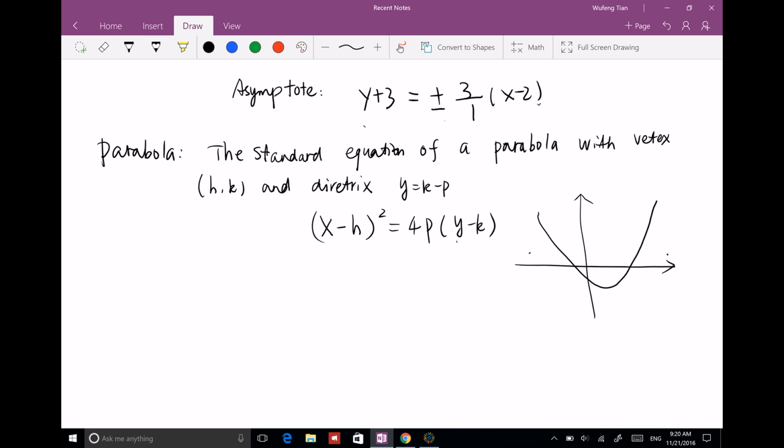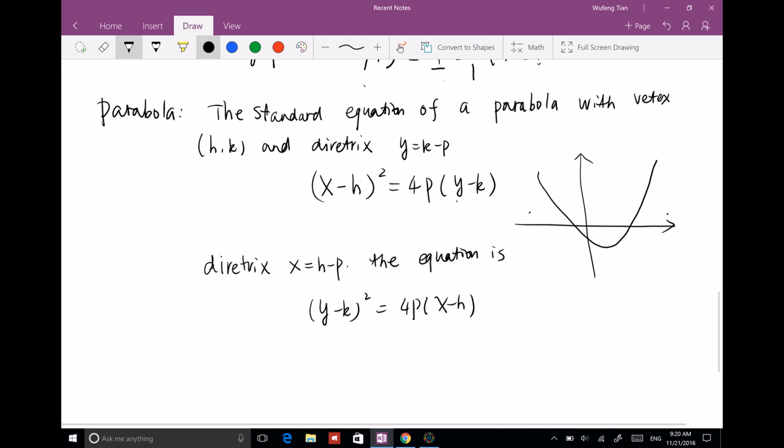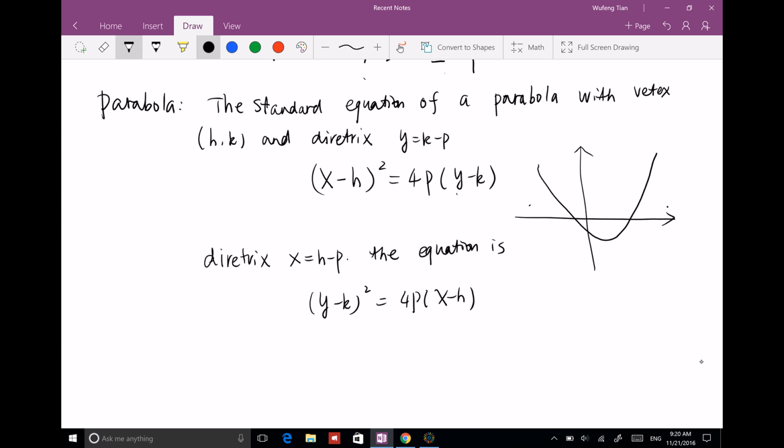Now, if the directrix is x equals h minus p, the equation is (y minus k) squared equals 4p(x minus h). Basically, this one is going to be like this.